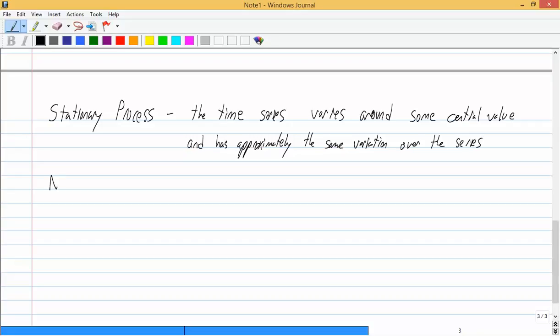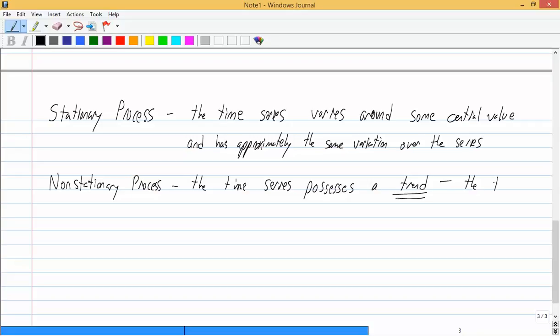Non-stationary process, the time series possesses a trend. The tendency for the series to either increase or decrease over time. That's what the trend would be.